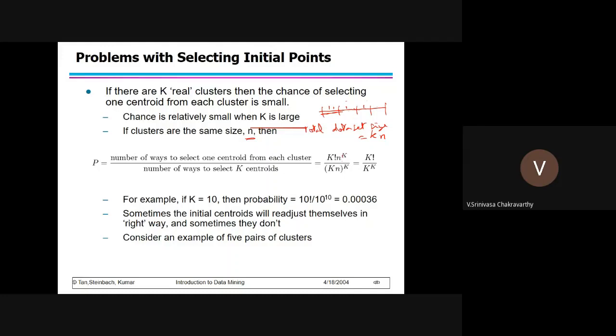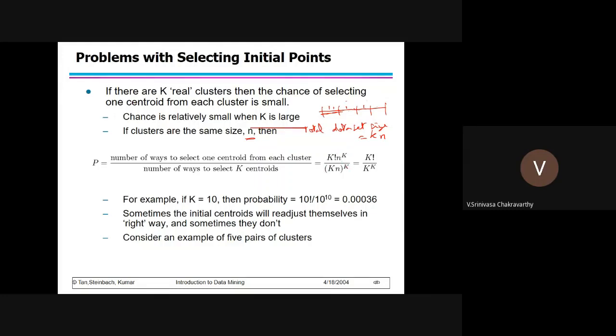Now the order in which I select doesn't matter, because I just want one centroid to be taken from each cluster, but I don't care about the order. So that is multiplied by k factorial. So k factorial times n power k is the total number of ways in which I can select centroids such that I take one centroid per cluster. It looks like a large number, but look at the total number of possibilities.